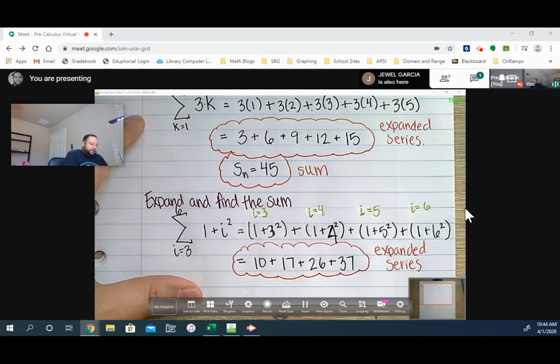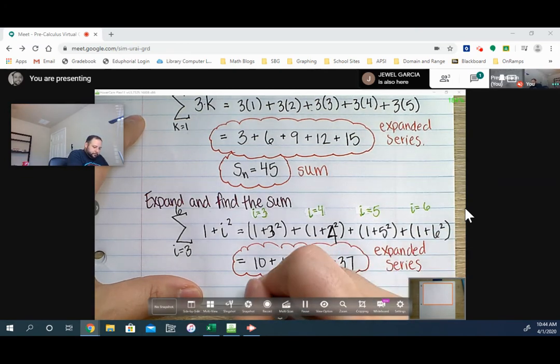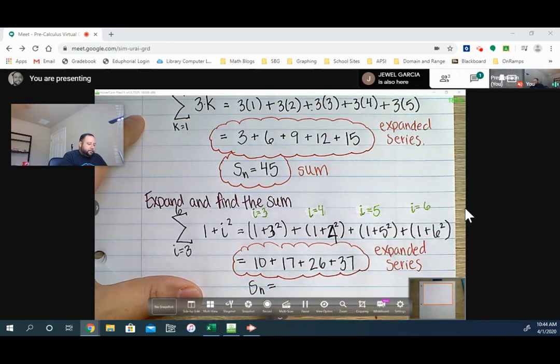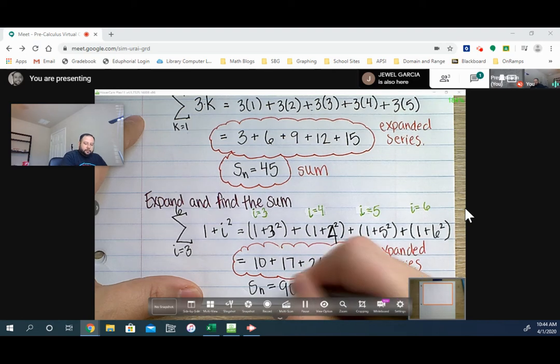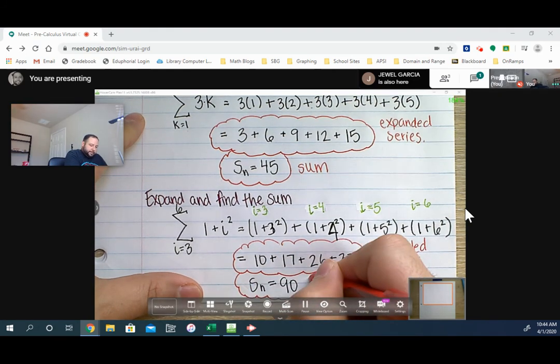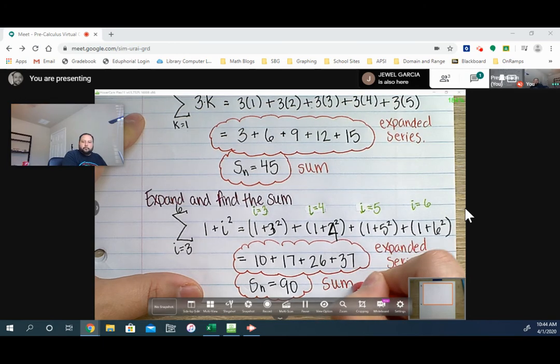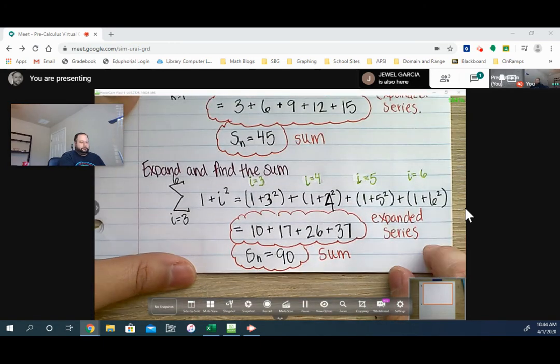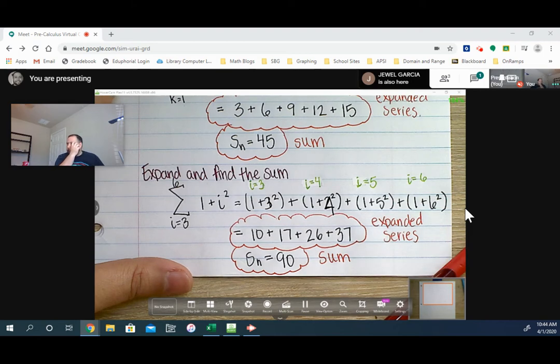And the sum: when I add up those 4 terms, I get 90. And so that's my sum.